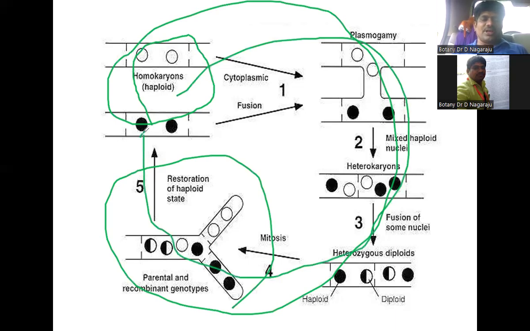Instead of the normal sexual reproduction, instead of the continuous sequence of plasmogamy, karyogamy, and meiosis, which are not taking place in the specific area at the specific time, exchange of genetic material is happening. That is nothing but the parasexual life cycle. It looks like sexual reproduction, but it is not exact sexual reproduction.